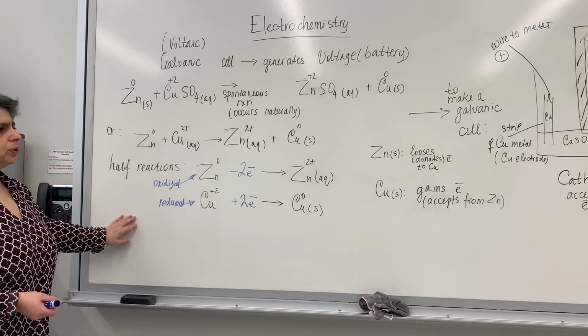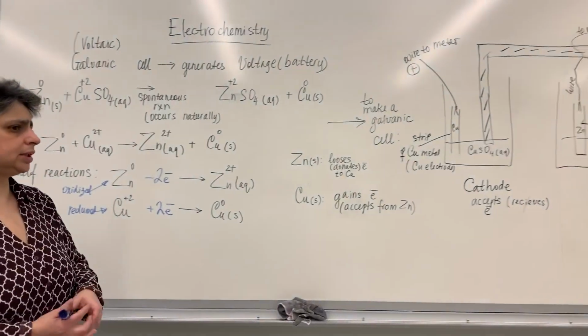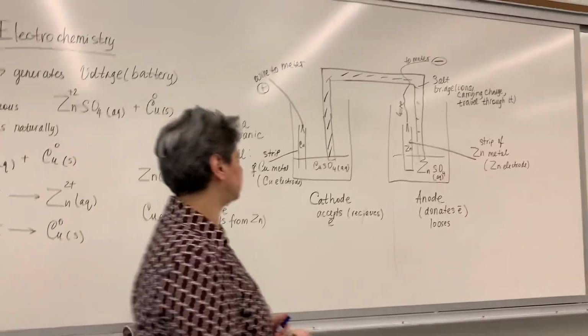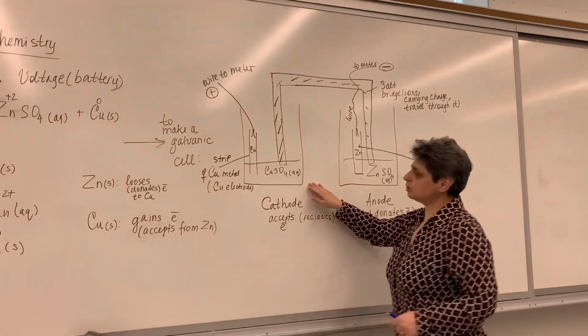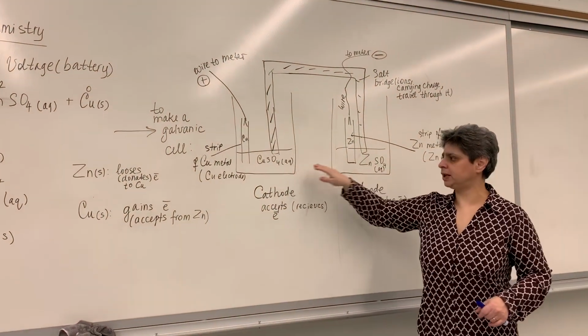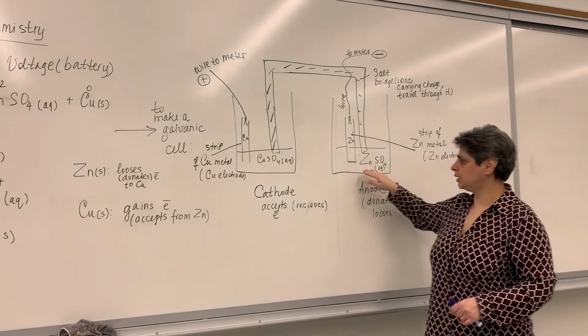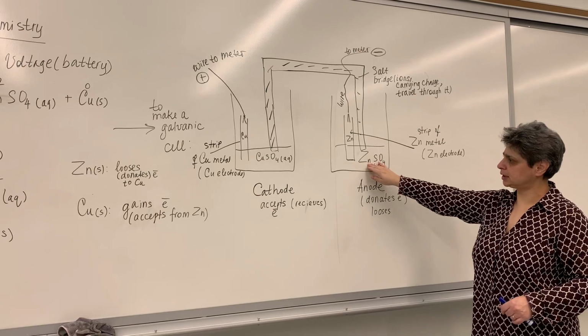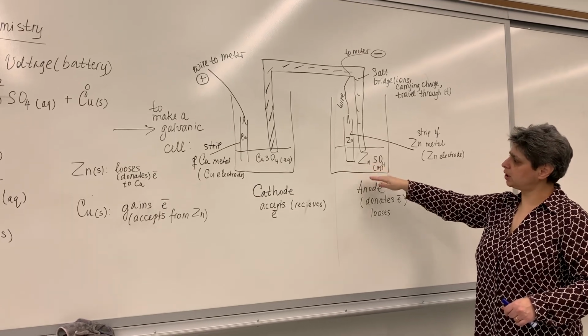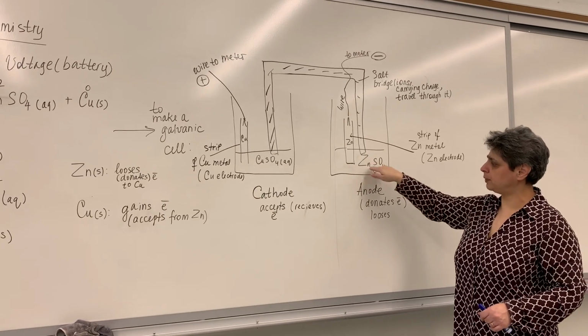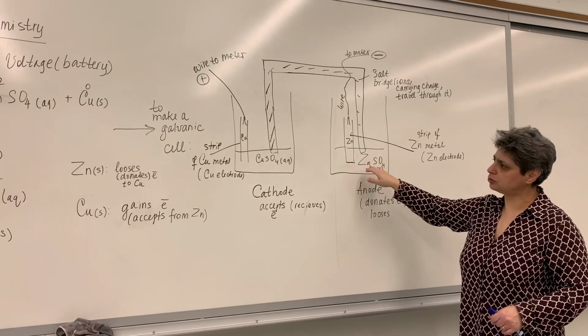Well, let's take a look at what we're going to do next, and you're going to see it from an experimental perspective in a second. So next I'm going to take 2 beakers. One will contain copper sulfate solution. The other one will contain zinc sulfate solution. But instead of putting a copper strip into zinc sulfate, look what I'm doing here.